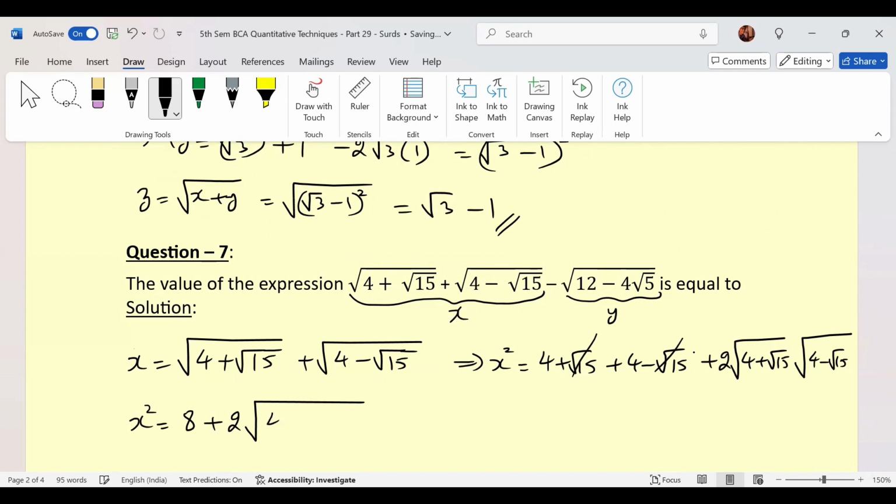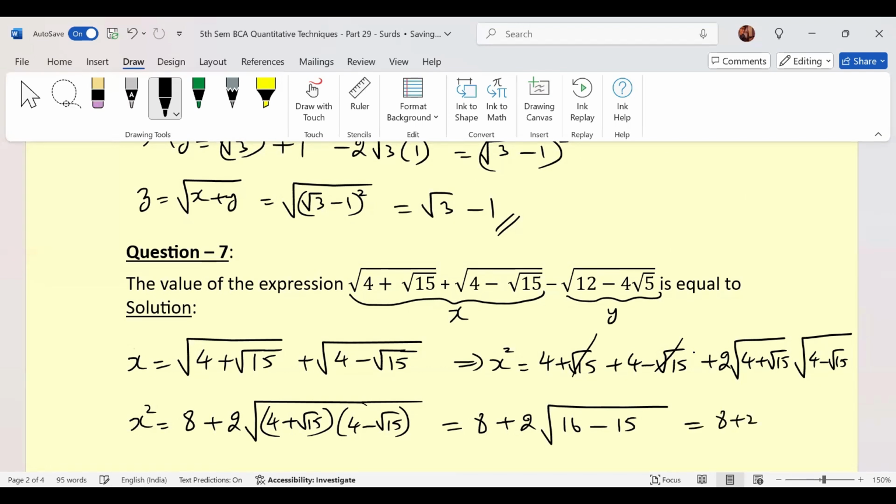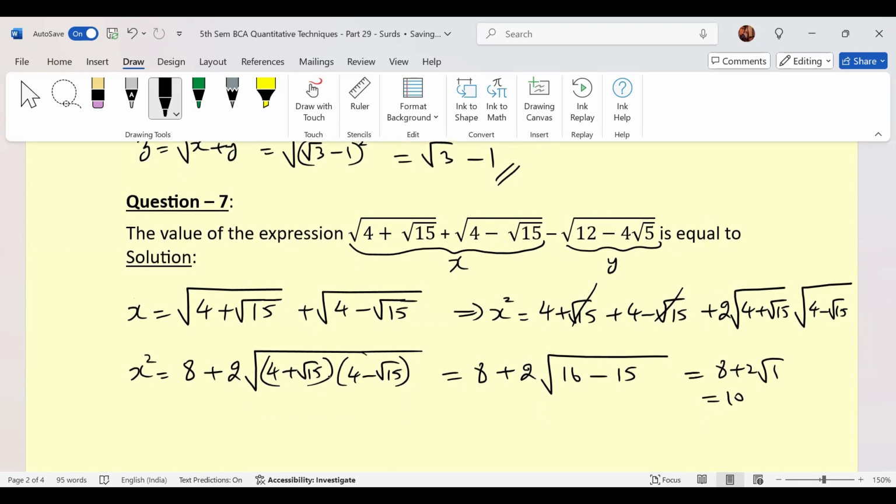This is like 4 plus root 15 multiplied by 4 minus root 15. It is like a plus b into a minus b, that will be a square minus b square. So you have 4 square, which is 16, minus root 15 the square, which is 15. So you get 8 plus 2 times root of 1, which is 2 into 1 plus 8. So you get 10.